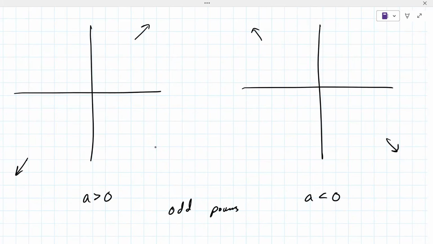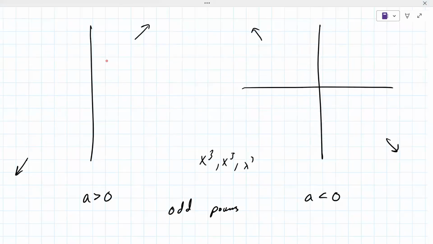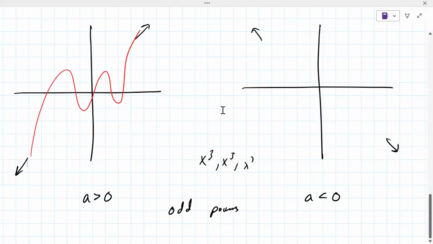Then that would just be like a straight line. No. Think of an x cubed or an x to the 5th or an x to the 7th. It can do a lot of things in between here. And then the other one could just kind of curve like that. The point is that it can do a lot of things in between.